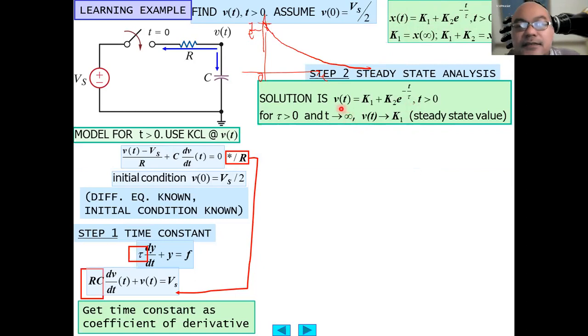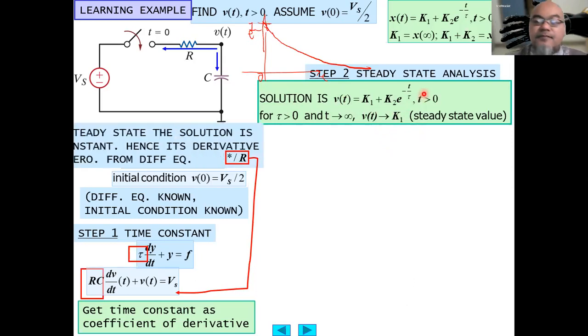So the solution is Vt equals k1 plus k2 exponent minus t over tau for t larger than 0. For tau positive, and t approaching infinity, Vt will approach k1.